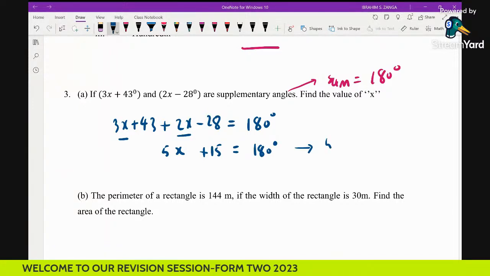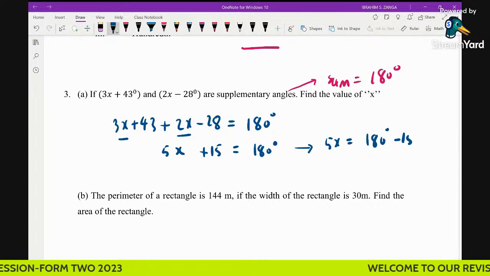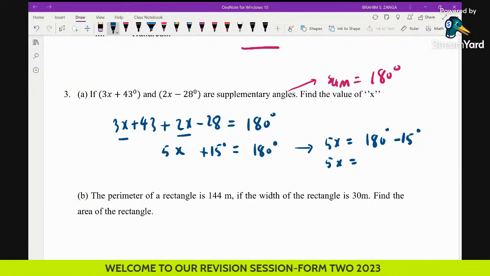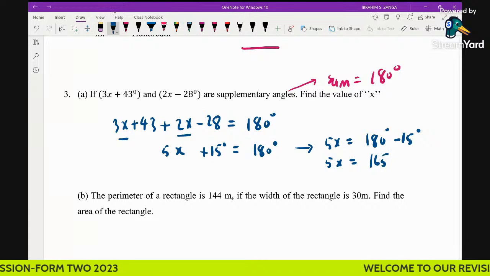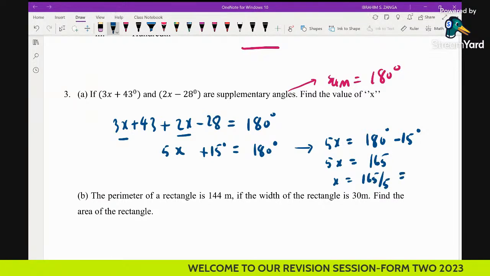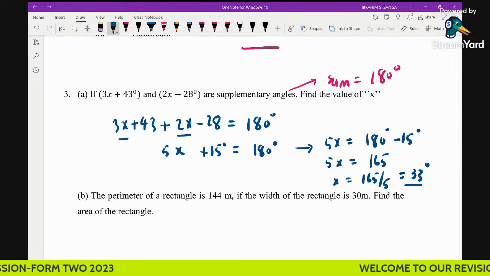It seems that 5x will be equal to 180 degrees minus 15 degrees, so 5x will be equal to 165. So x will be 165 divided by 5. When you divide by 5, you get 33 degrees. So the value of x is 33 degrees, dear students.